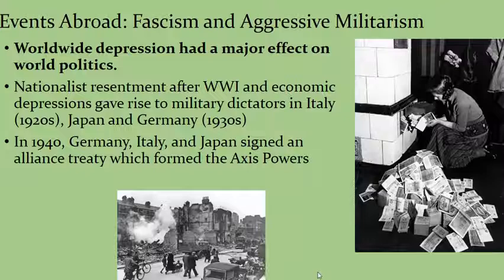People are in a desperate position, which allowed a rise in nationalism and resentment after World War I. They are angry about the economic depression, and it allowed military dictators to develop in Italy in the 1920s and in Japan and Germany in the 1930s. By 1940, Germany, Italy, and Japan had signed an alliance treaty, called the Axis Powers.